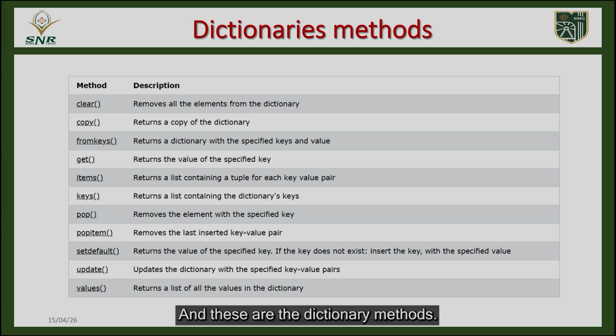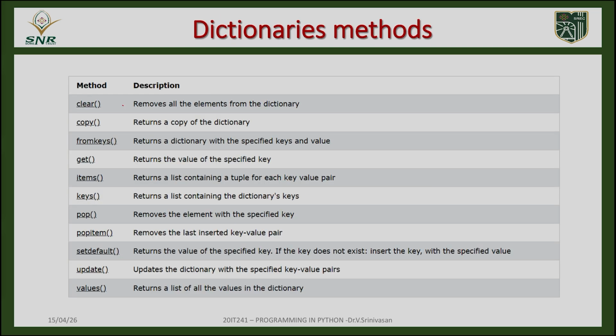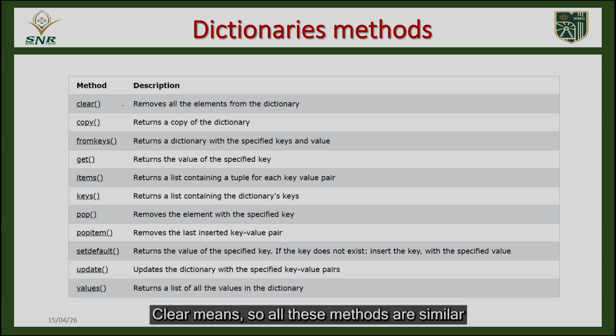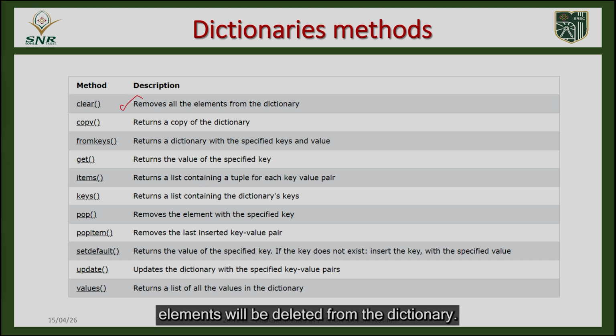And these are the dictionary methods. All these methods are similar to those of a list. Clear removes all the elements from the dictionary. The structure will be present, that is, the dictionary will be present, but inside it no values will be there.